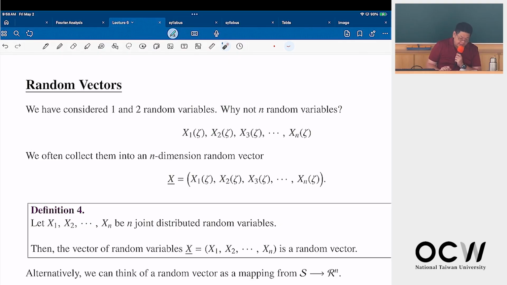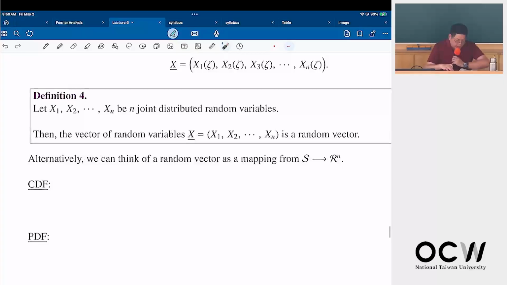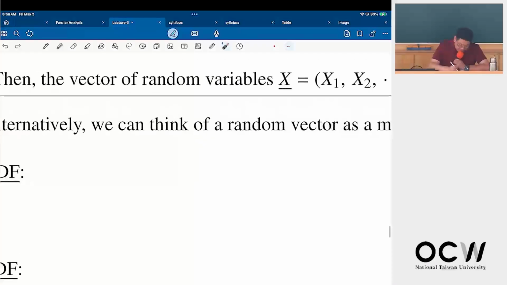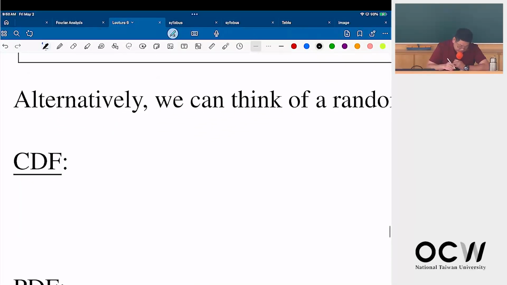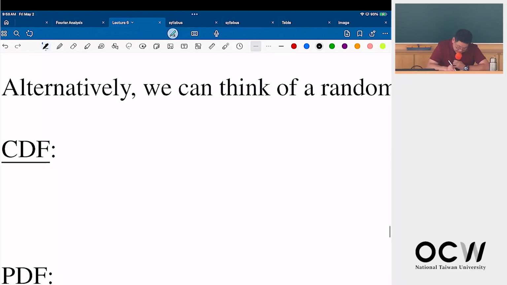Then what is the CDF? How do I express the CDF? Here is a random vector.